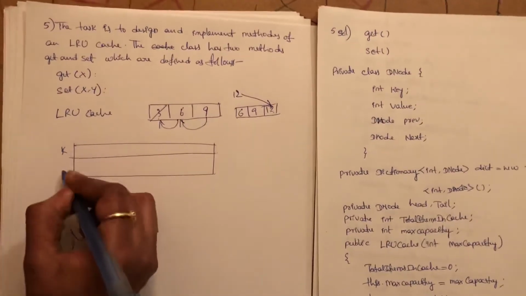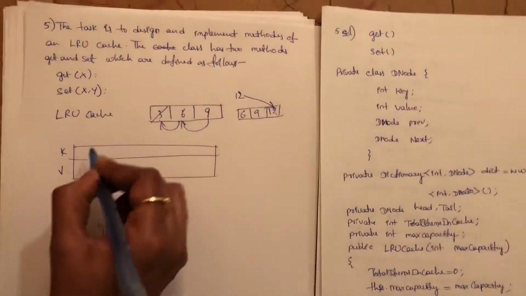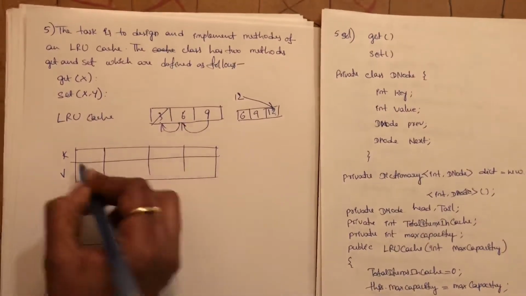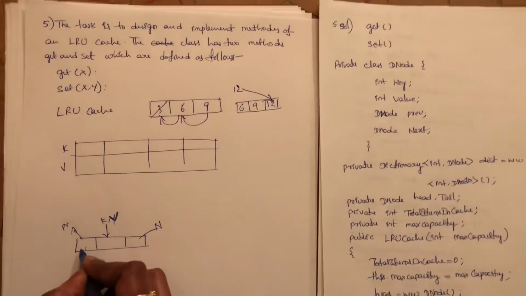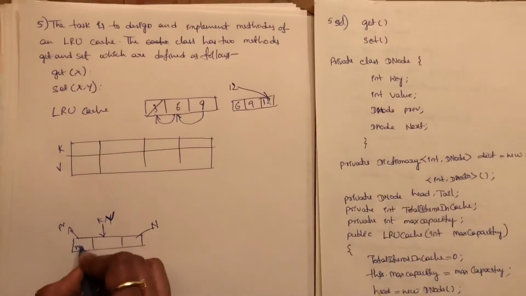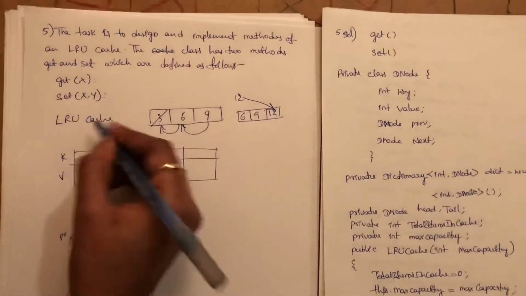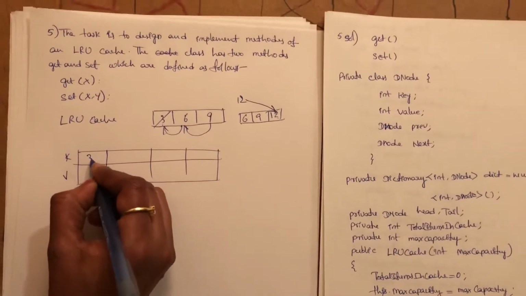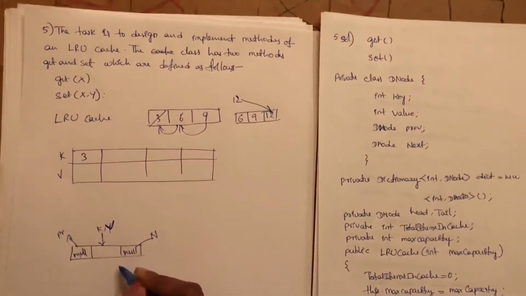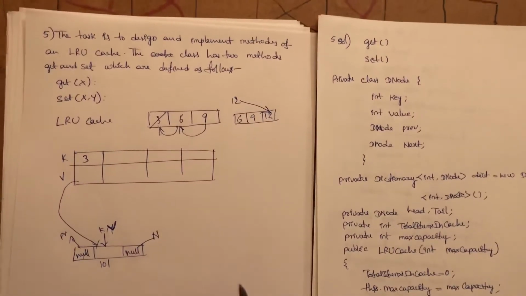If you see, this is the key and this is the value. The first element would always have previous as null and next as null, and if the entry is supposed to be 3, here it will store 3, and the pointer to this node is going to be some 101.